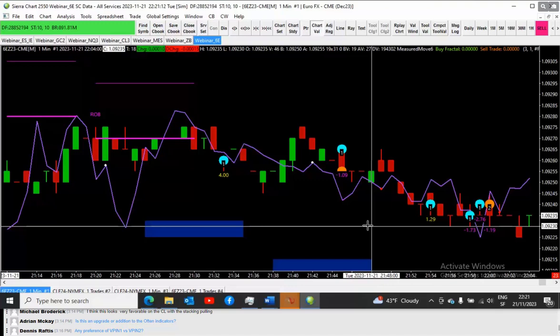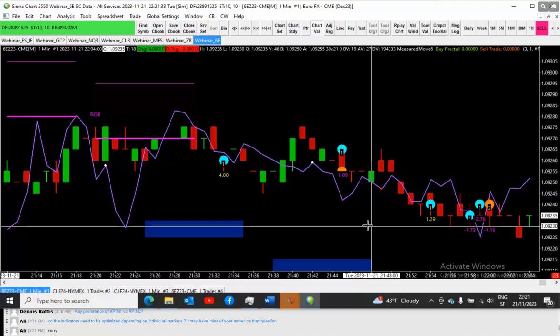And as I mentioned, I still have some translation to do from Sierra to Ninja. So the Ninja collection at the moment is missing one or two that are on here. The stacking and pulling is one. But I'll get to that as soon as I can. Unfortunately, only so many hours in the day.